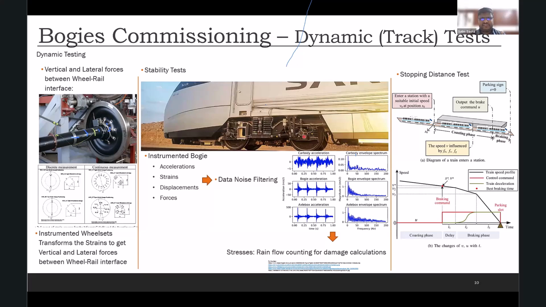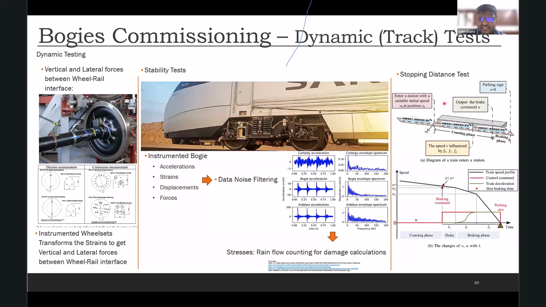Then we continuously monitor them and try to see if we are able to see any hunting or an unstable condition. So is any of the accelerometers reading out any unstable condition? So we measure that. This is the raw data. We filter it out, and then we do a lot of data crunching to find out what every accelerometer gives out on the train. So this is what we do in the stability test.